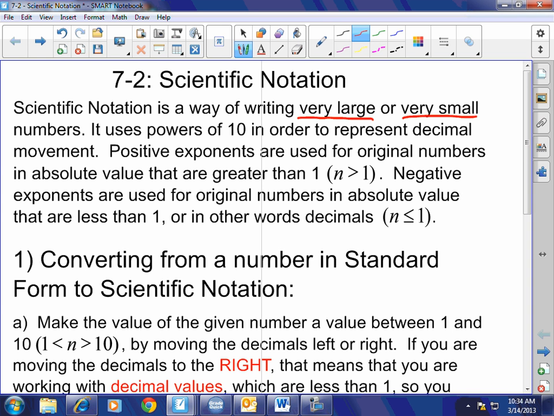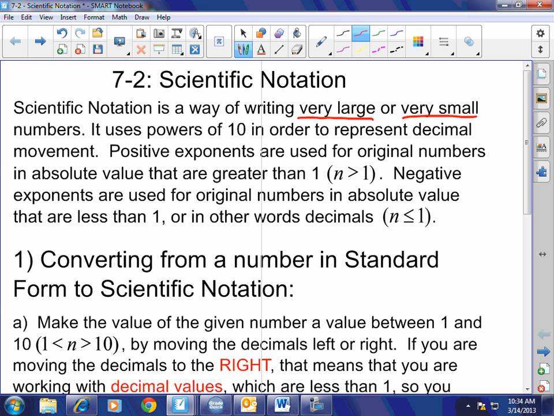When you're talking about the distance from here to Mars, and you want to plan how long it's going to take the vessel to get there, we're talking about large numbers. So instead of dealing with numbers that have 18 digits in them, we deal with scientific notation.